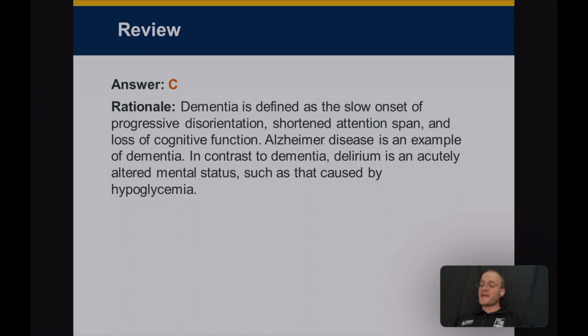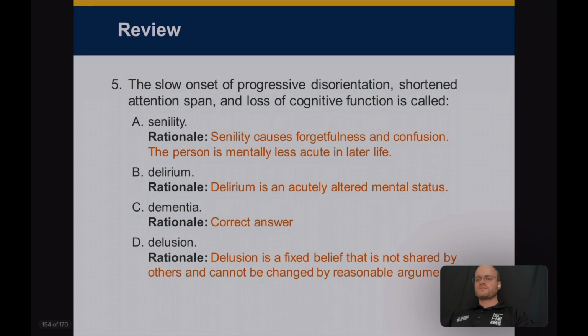So watch for words like that. Slow onset equals dementia. They could have changed this question and said fast or acute onset, then it would have been delirium. They're that similar, but it's the timing and sometimes age that will make the difference for you.